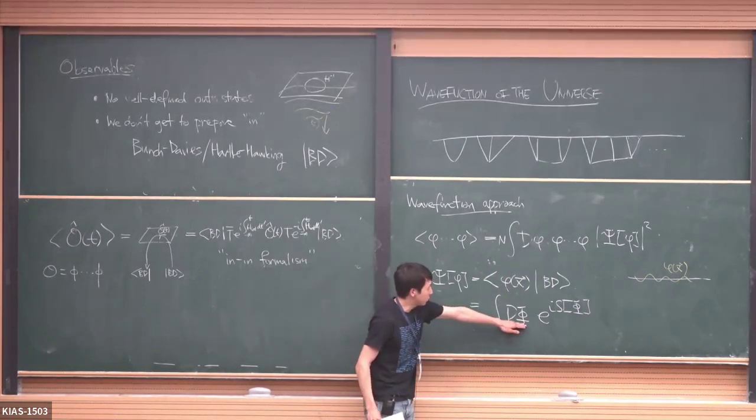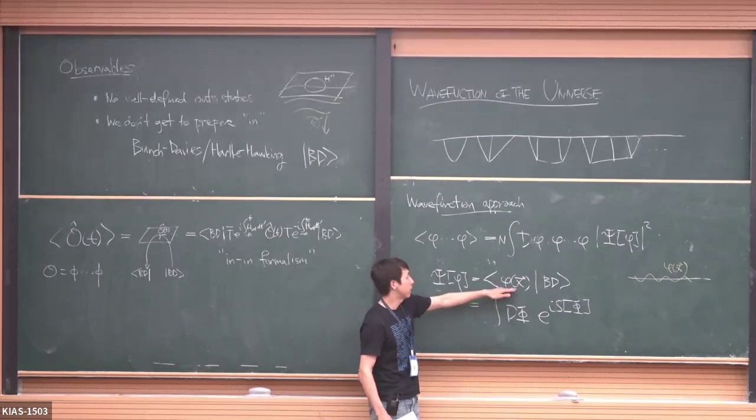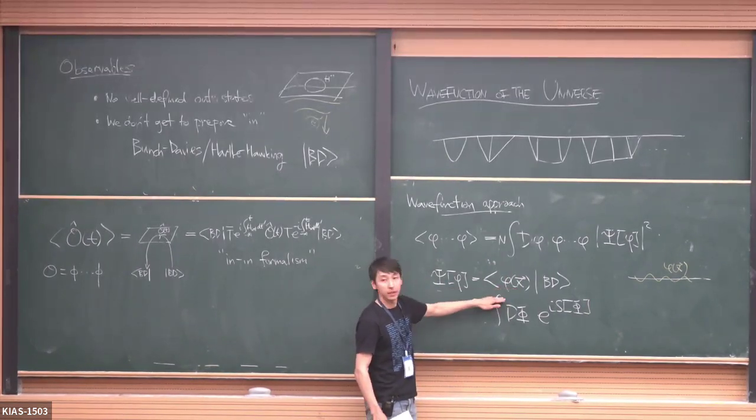But we want to integrate over all field configurations with a particular boundary condition where this field reduces to the Bunch-Davies state in the far past, and then the field reproduces exactly this spatial profile at late times.